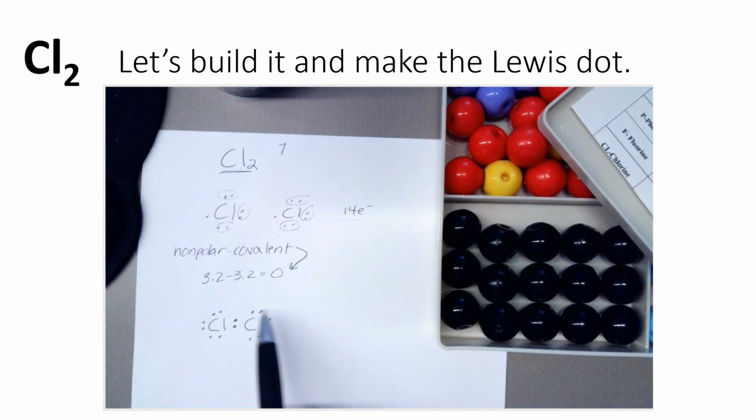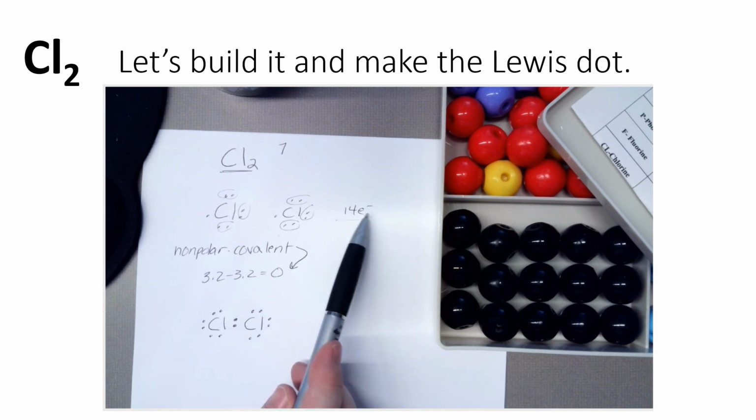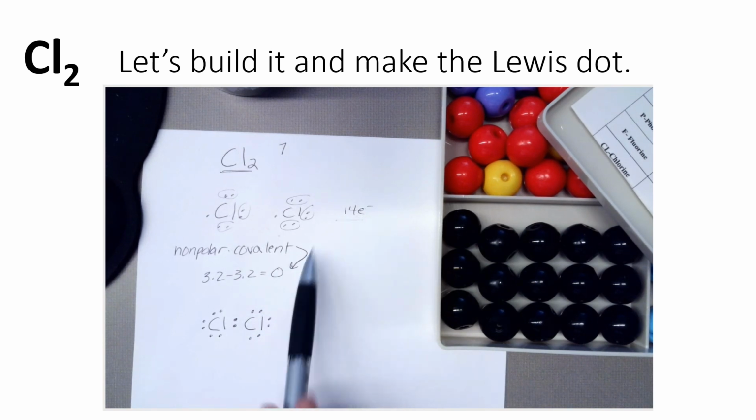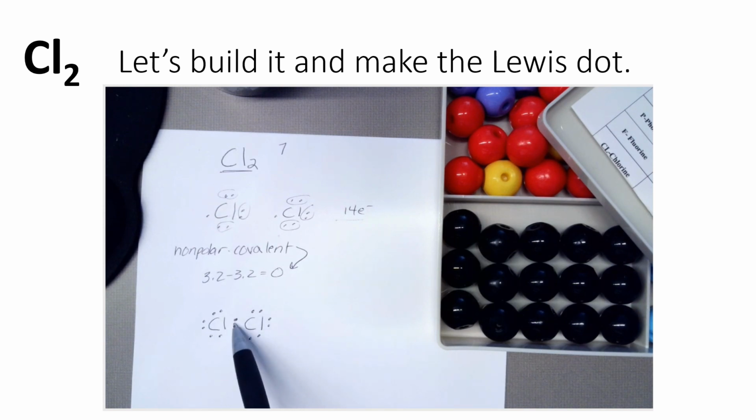Now when I count the electrons around this chlorine, I have 2, 4, 6, 8. When I count the electrons around this chlorine, I have 2, 4, 6, 8. The ones in the middle count for both. Remember I said we couldn't have more than 14 electrons? So let's count: 2, 4, 6, 8. I already counted those. 10, 12, 14.